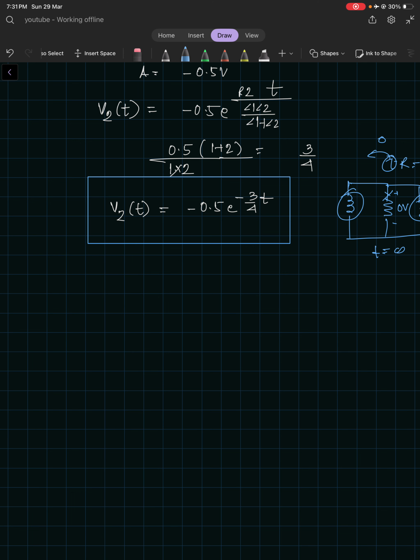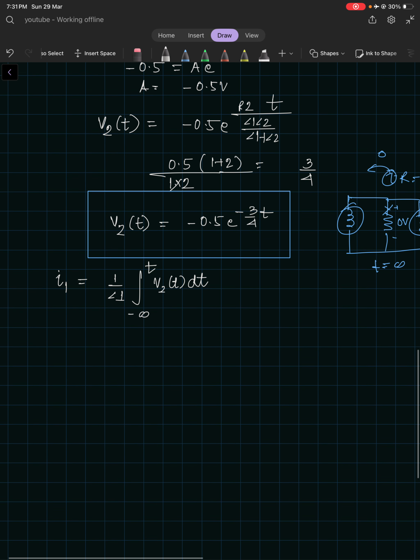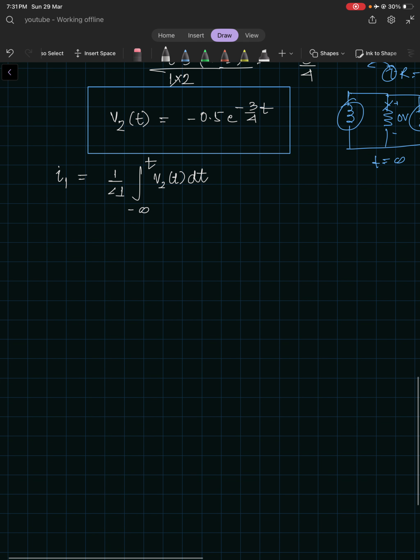Now let's find I1 and I2. I1 will be 1 by L1 times the integral from minus infinity to t of V2 of t dt. Let's break this part: 1 by L1 times the integral from minus infinity to 0 of V2 dt, plus 1 by L1 times the integral from 0 to t of V2 of t dt.